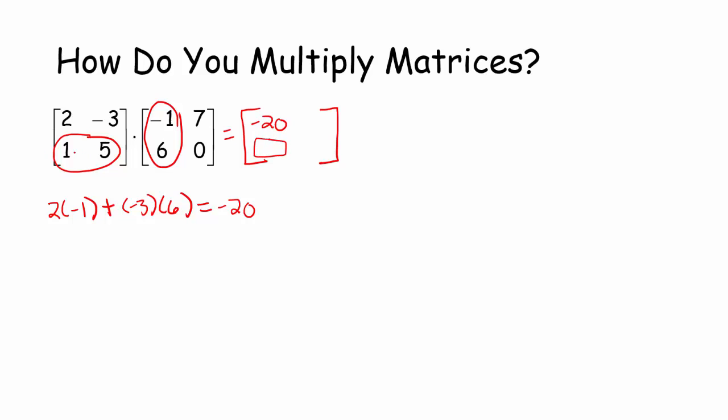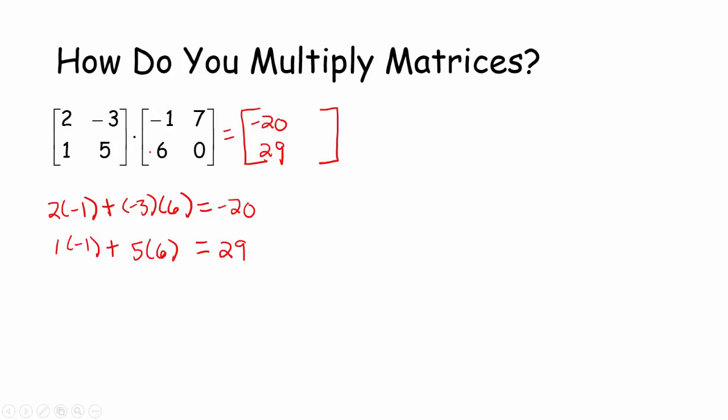So let's match up. It's going to be 1 times -1 plus 5 times 6. So that's -1 plus 30 is 29. So this will go right here.